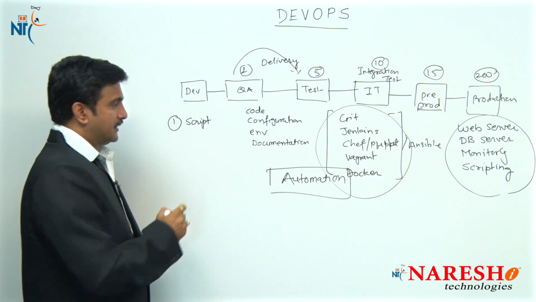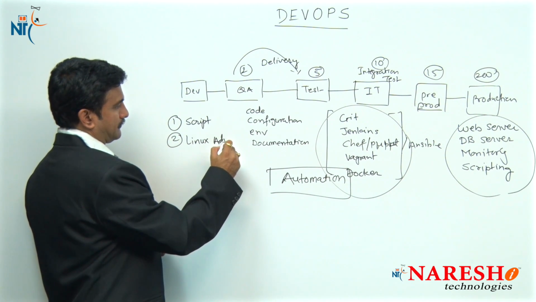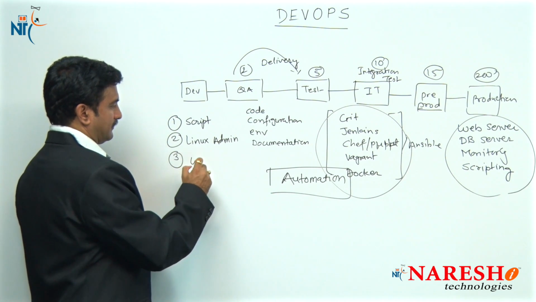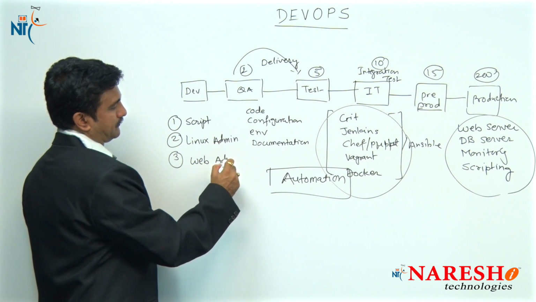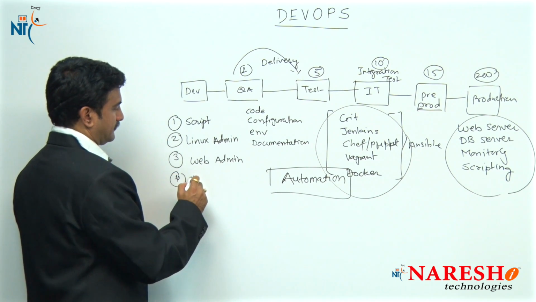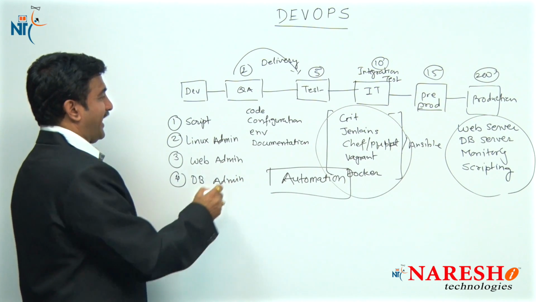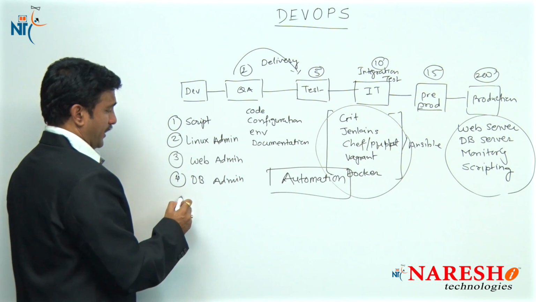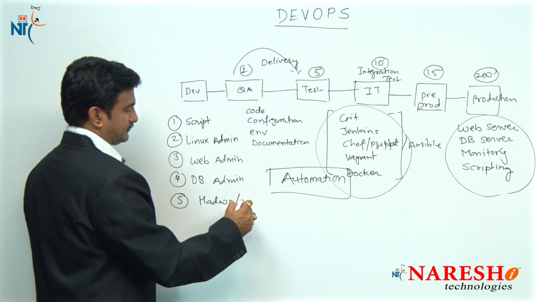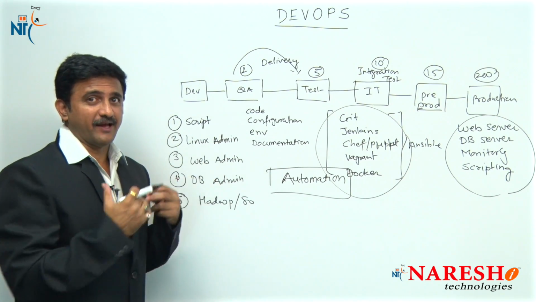Secondly, you are a Linux administrator. Third, you are a web layer administrator. You can go for database administration. And once you have the combination, you can also approach certain technologies like Hadoop and so on. So, you can have various fields where you can apply for jobs.